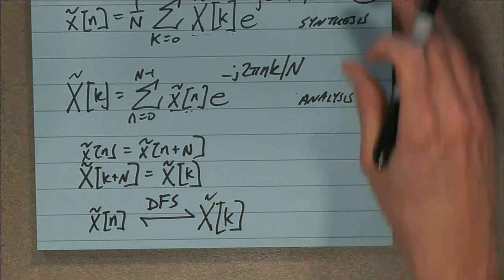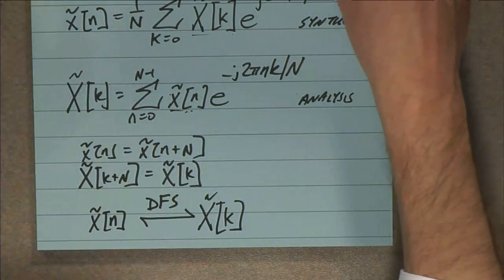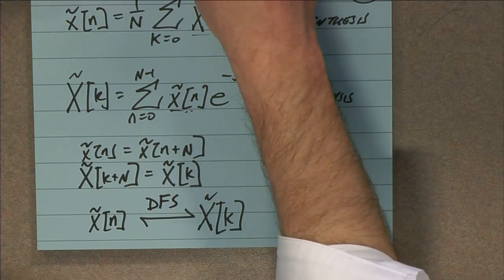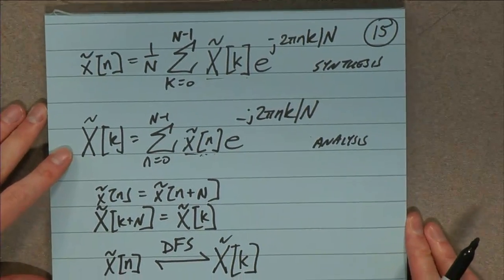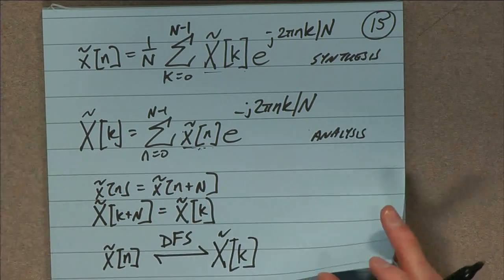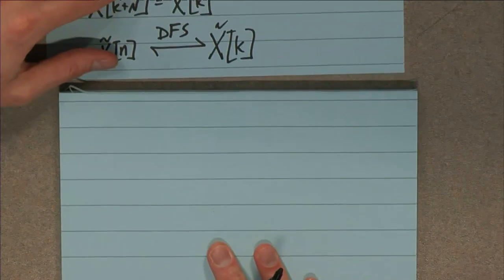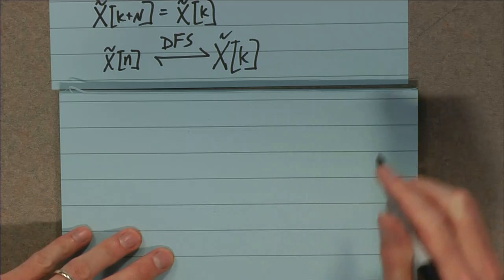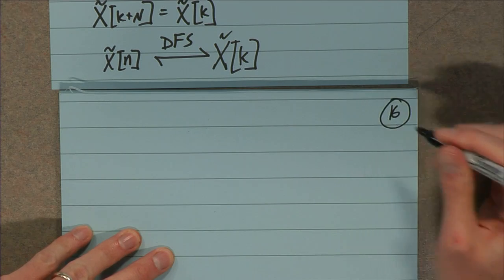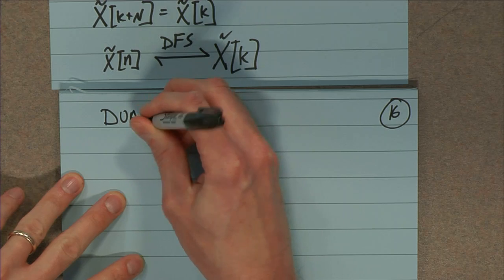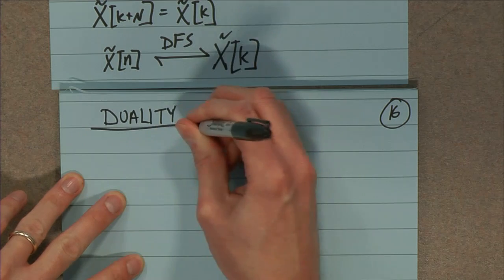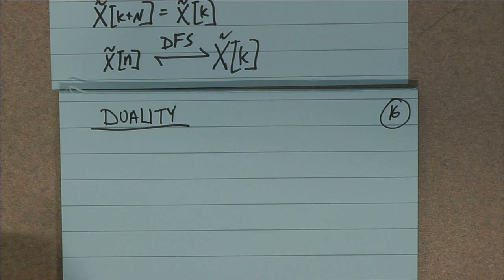Now there are some special properties that these sequences have that we haven't seen before in any of our adventures playing with Fourier transforms or discrete time Fourier transforms. It's because of the similarities of these signals. Previously there was no property called duality for the DTFT. And why is that?